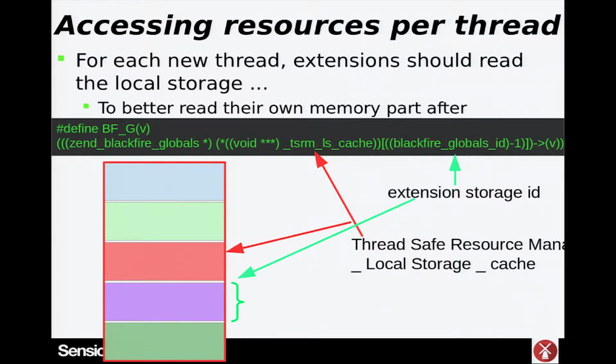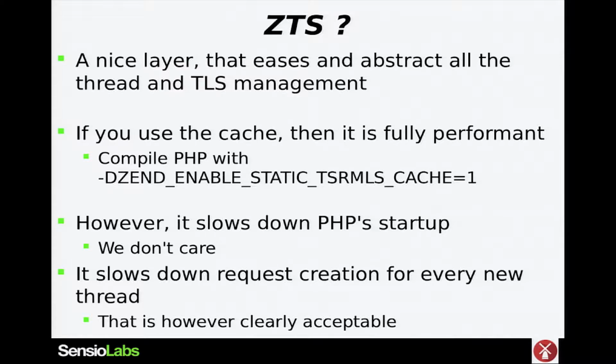Okay, so this can seem a little bit complex if you're not used to C programming or parallel programming, but that's a nice layer, okay? Because it abstracts everything for PHP developers.